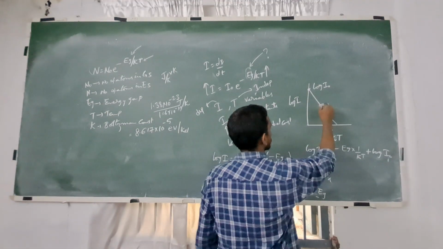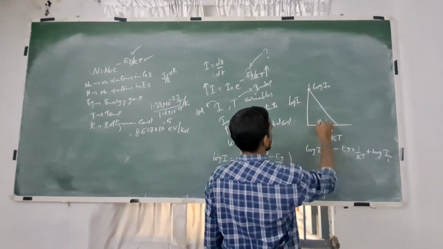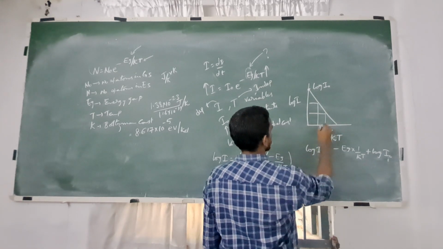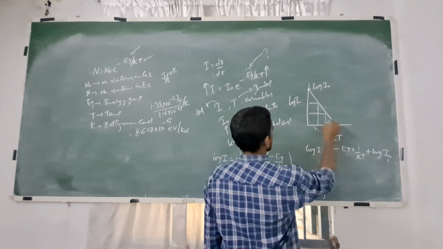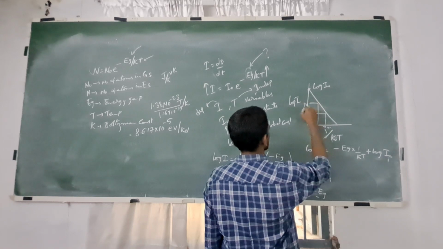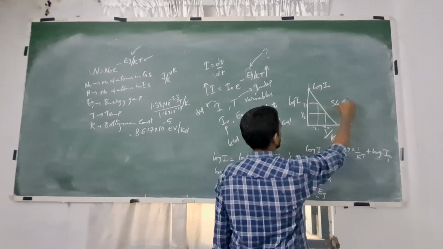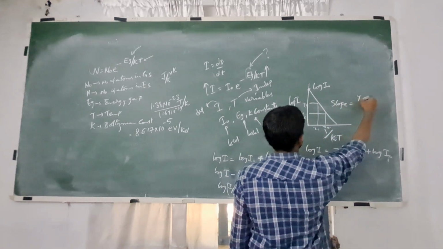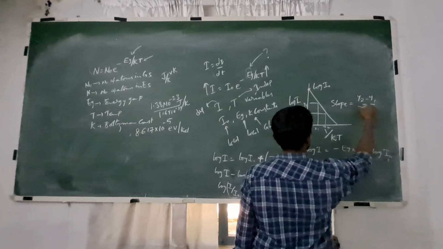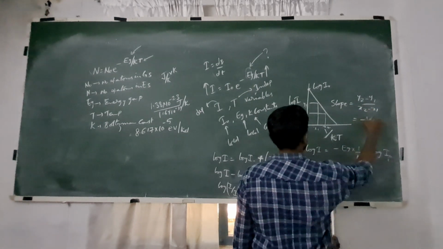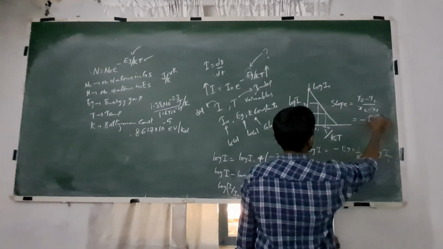And the slope, how to measure that? Take any two points x1, x2, and y1, y2. That slope is negative Eg.